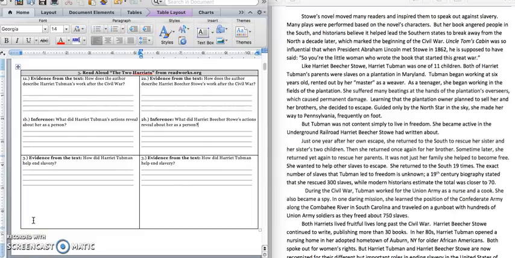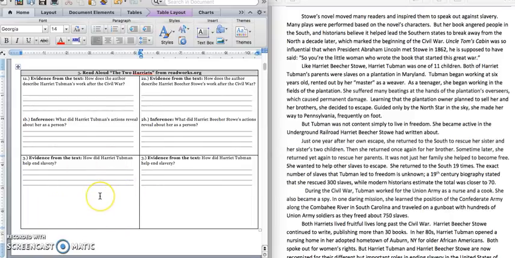It says, how did Harriet Tubman help end slavery? And if we go back in our text, it talks about how Harriet Tubman became a conductor on the Underground Railroad to rescue slaves and help them escape to freedom.